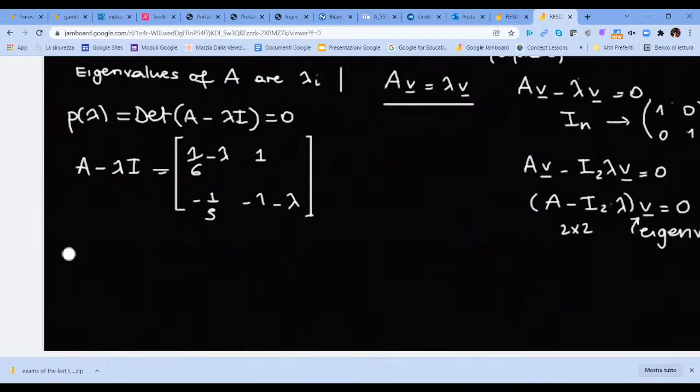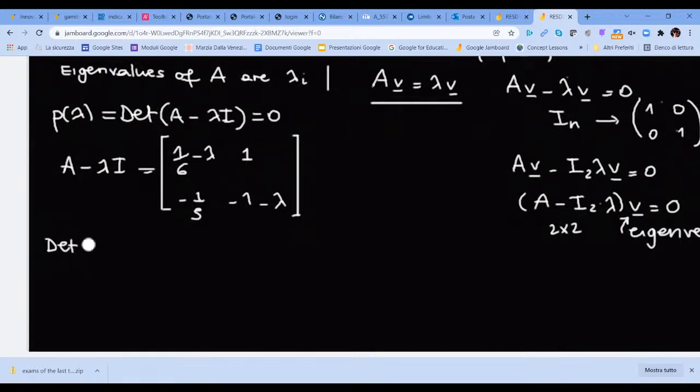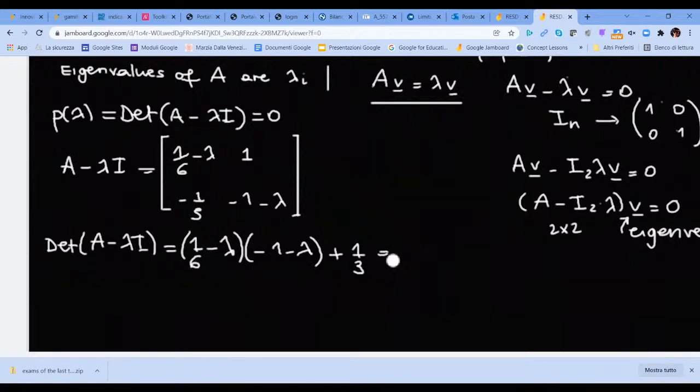So the determinant of this matrix will be 1/6 minus lambda times minus 1 minus lambda, minus minus 1/3 times 1, plus 1/3. Okay. So we can compute everything.